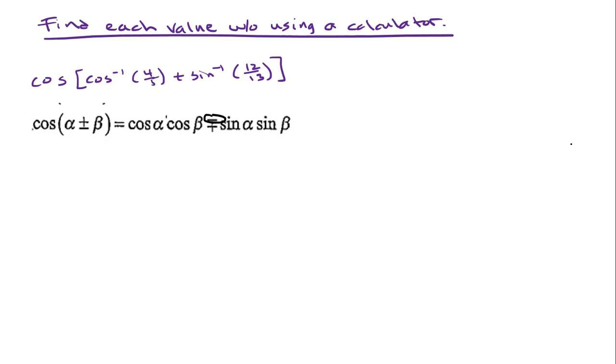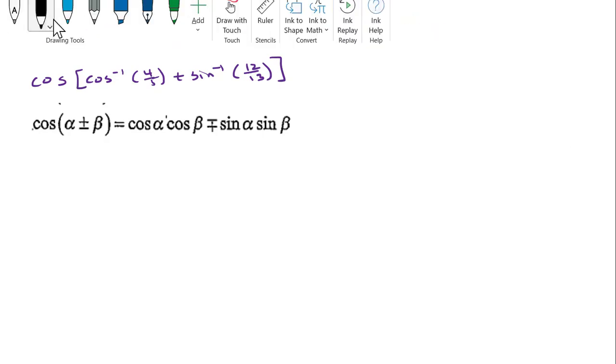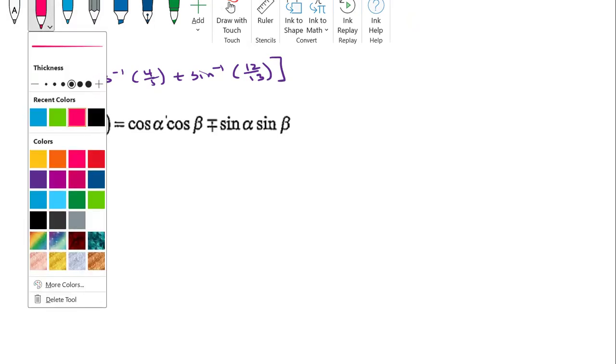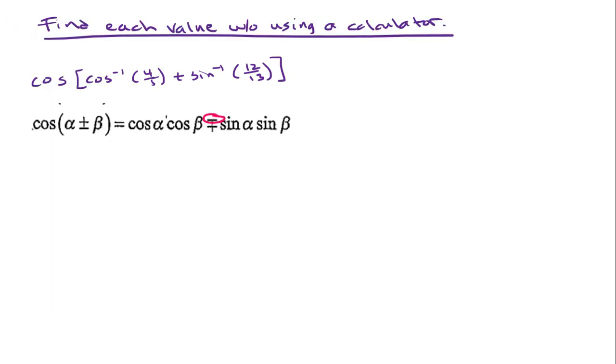If you had alpha minus beta, then you would use the bottom sign. In this case, we have the top sign, so we're going to use the plus sign there. Sorry, the minus sign there. Okay, so how does this apply to what we have here?